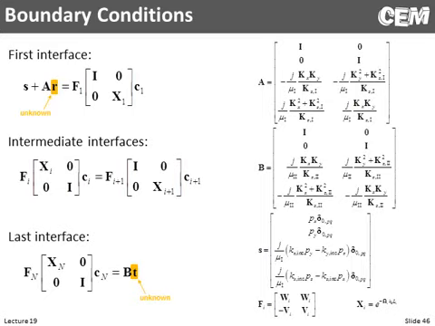Look at that, look at this, and try to reconcile that we really are talking about the same thing. So we have a boundary condition problem at the first interface, intermediate, and last interface. And right now, our two unknowns are the reflected fields and the transmitted fields. So we want to calculate those without using that inverted x.